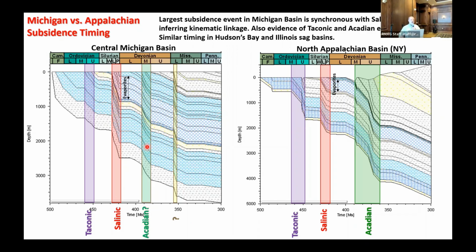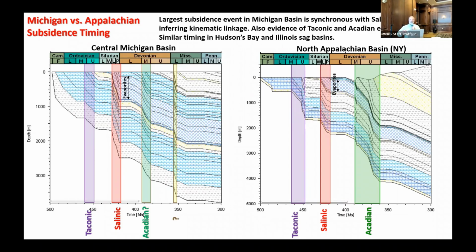It shows these same three Paleozoic events that we talked about in the northern Appalachian Basin, the Taconic, the Salinic, and the Acadian event. So I think there's strong circumstantial evidence that there's a kinematic linkage between the Michigan Basin, and also we see this in Hudson's Bay and the Illinois Basin, and the Appalachian system.